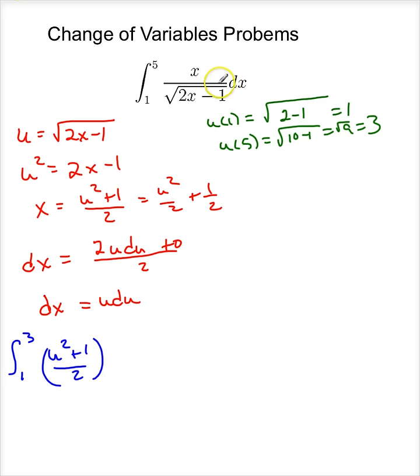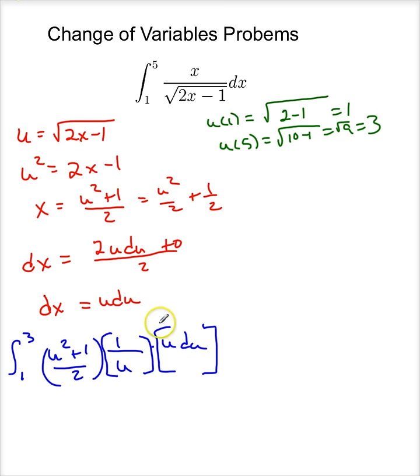Now I've got 1 over the square root of 2x minus 1, so this is 1 over u. And then for dx, I found that dx is u du. So you see how I broke it up into the 3 sections and slowly plugged them in.